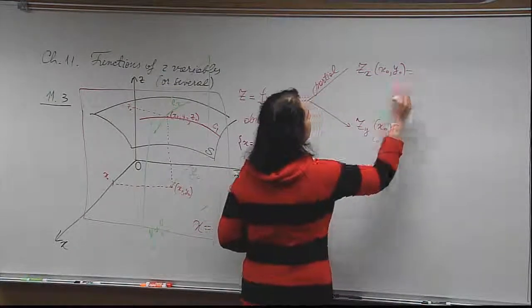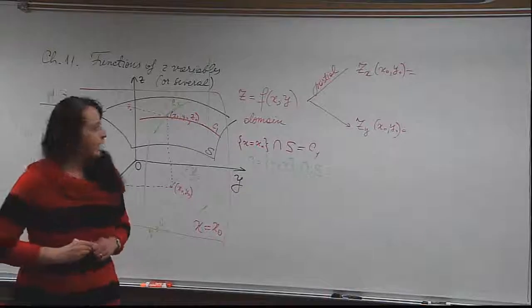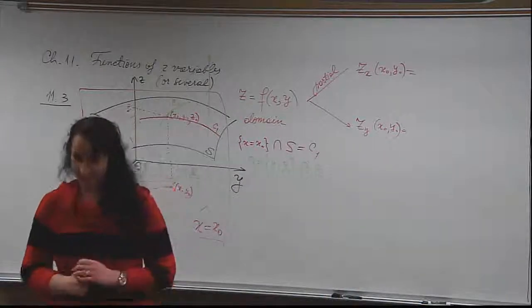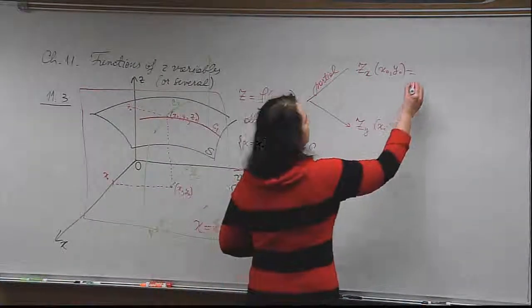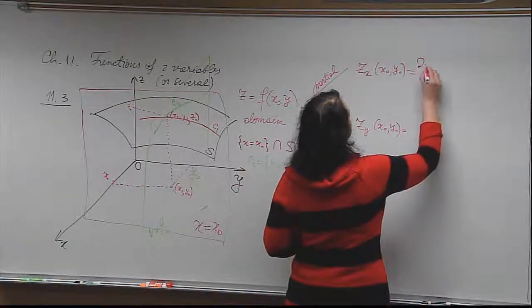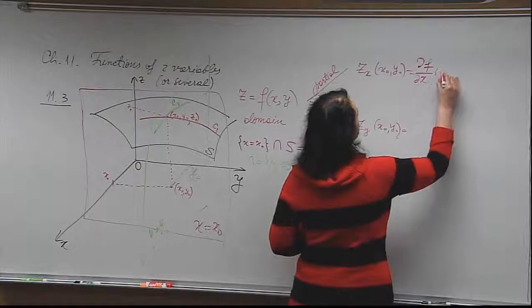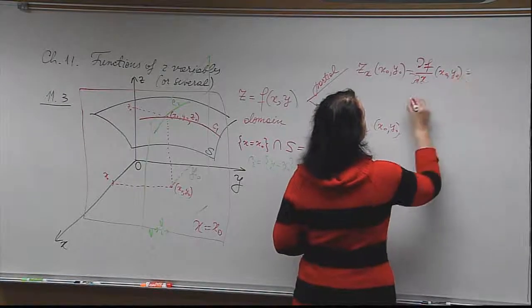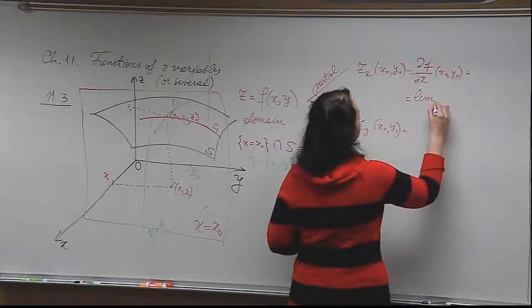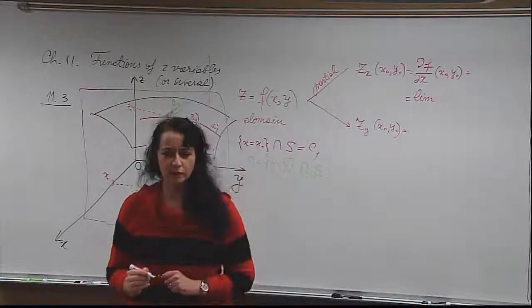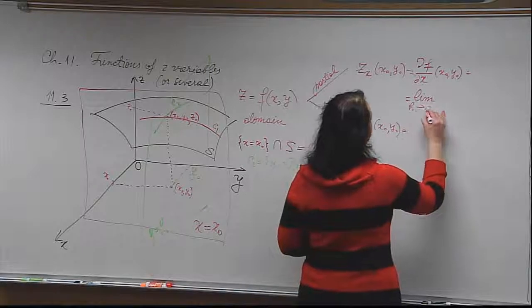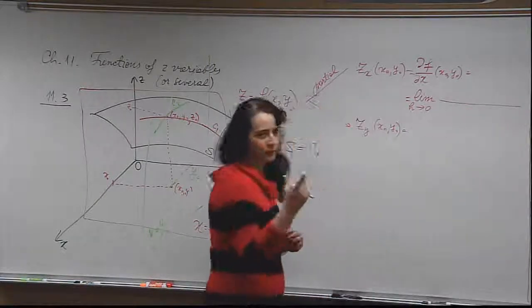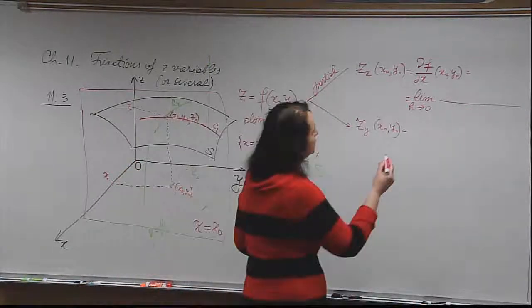Do we have a more elegant definition? That's elegant enough for me, thank you very much. But if I wanted to give the original definition, what was that? That is df dx at x0, y0, which is the limit of the difference quotient. This time I'm not going to do delta x, delta y. I'm different today, so I do h goes to 0. h is my small displacement that goes to 0.